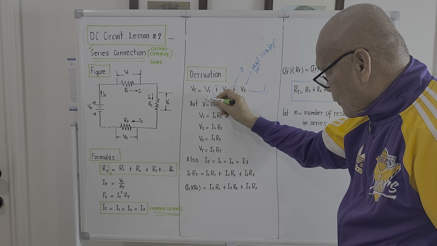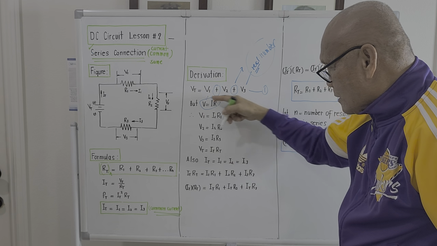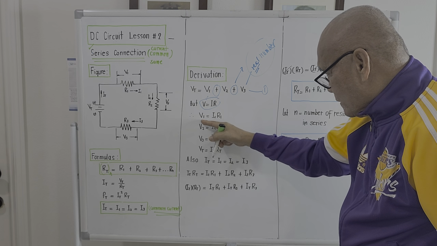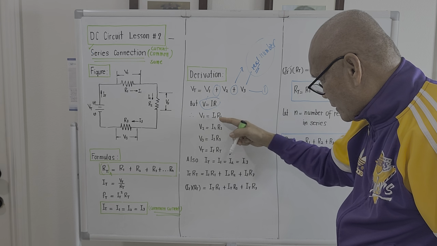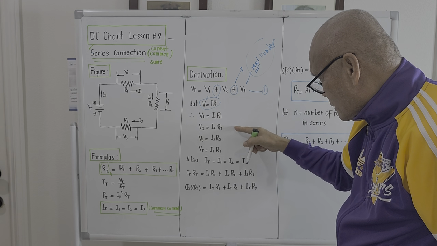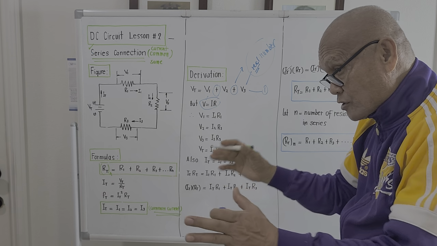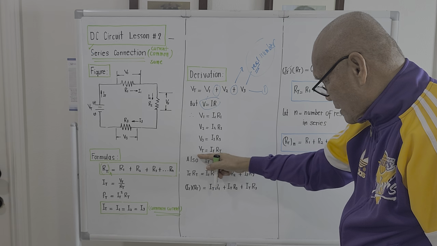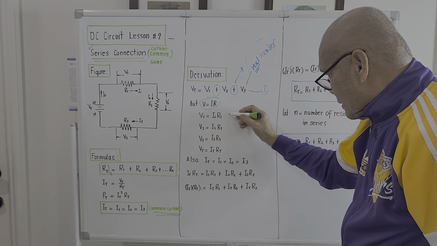So if we apply this formula to each individual term here, placing the proper subscript, B sub 1 should be the product of I1 R1, B sub 2 should be the product of I2 R2, and B sub 3 should be the product of I3 R3. We place the proper subscript, it's important. And B total here should be the product of I total R total.